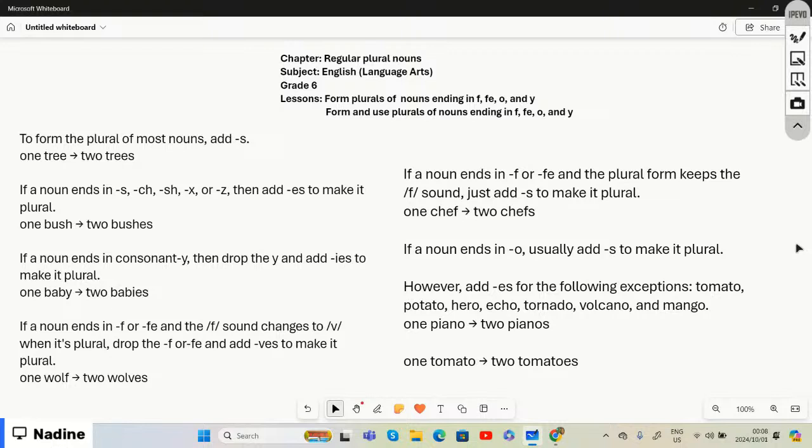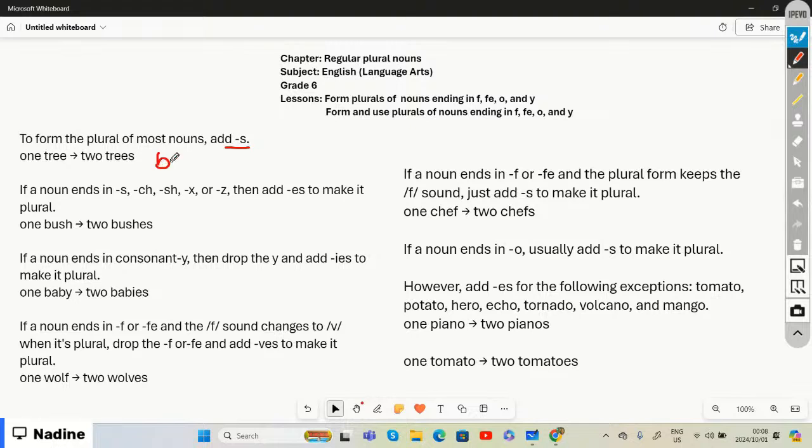All right. And if we look at the first one, it says to form the plural of most nouns, we add an s. So in order to show plural, remember, we said plural is anything that is two or more, then usually we add an s. For example, we have one bag, but if we have two, then we say we have two bags.